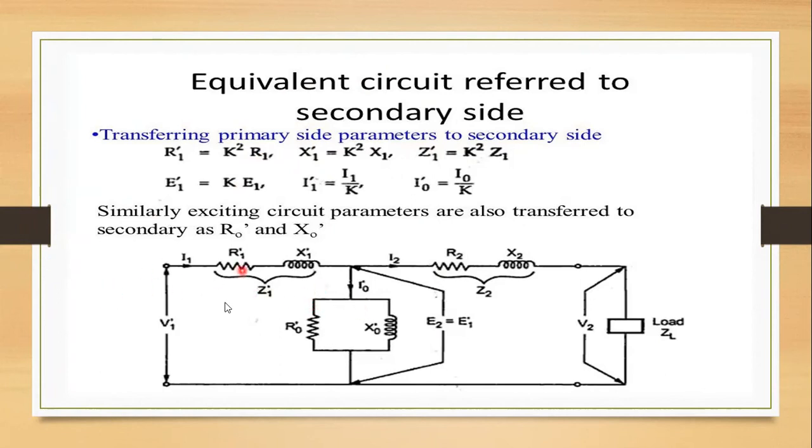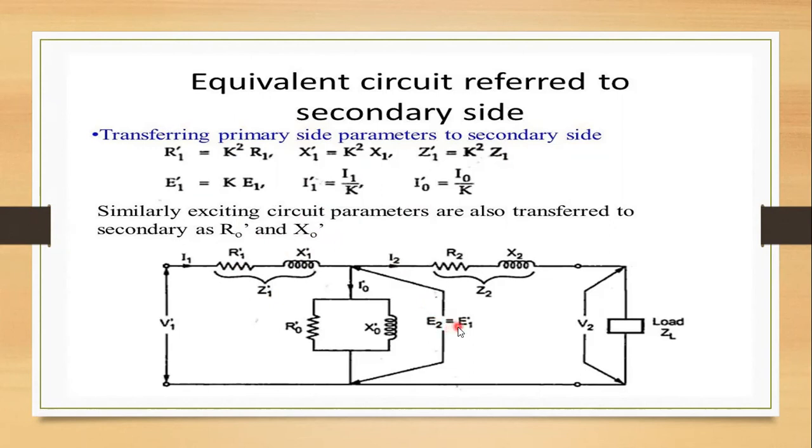All these primary side parameters can be converted into the secondary side. So R1' is nothing but K square times of R1, and similarly X1' is K square times of X1, and completely Z1' is K square times of Z1. And E1, the EMF induced in the secondary side, is nothing but E2.